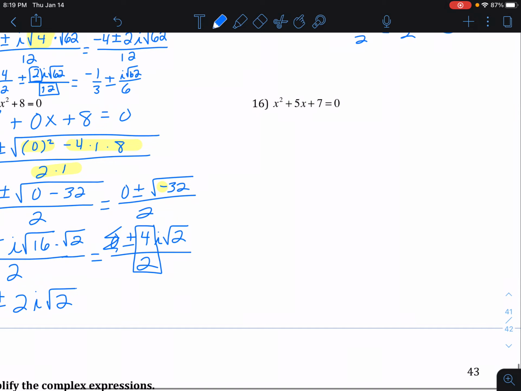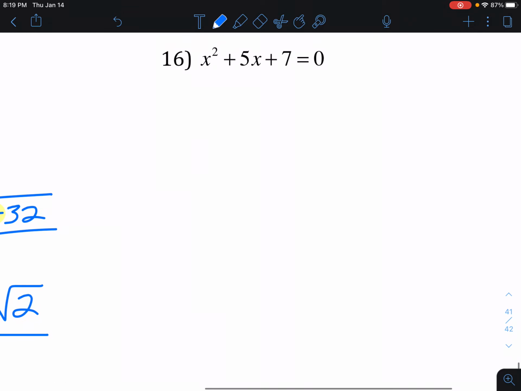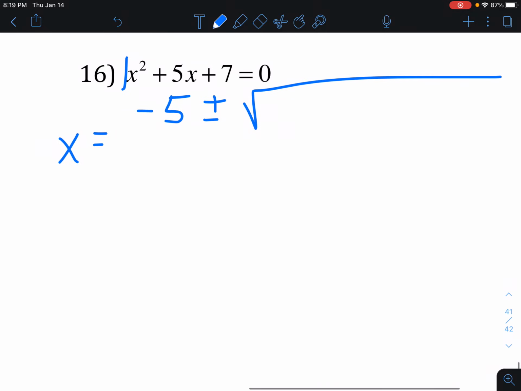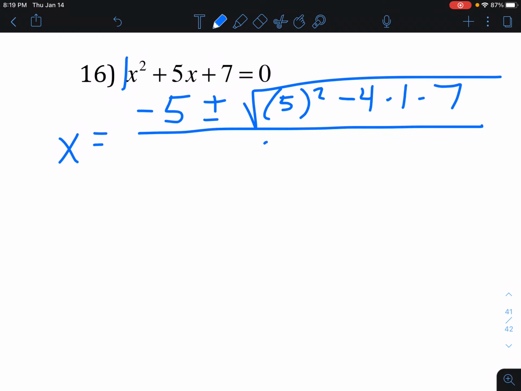And last one for quadratic formula. Throw in a 1 there for a. So x equals negative b plus minus the square root of b squared minus 4 times a times c, divided by 2 times a.